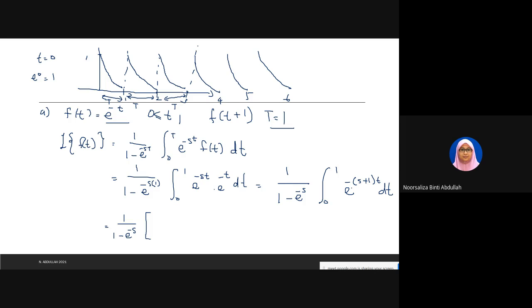You integrate exponent, you will get minus exponent minus (s plus 1)t divided by s plus 1, from 0 to 1.